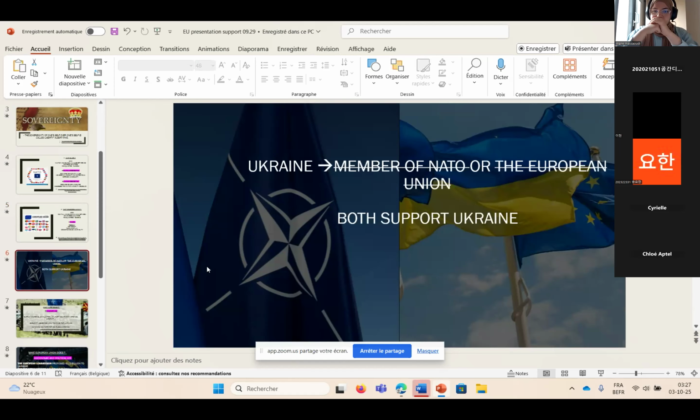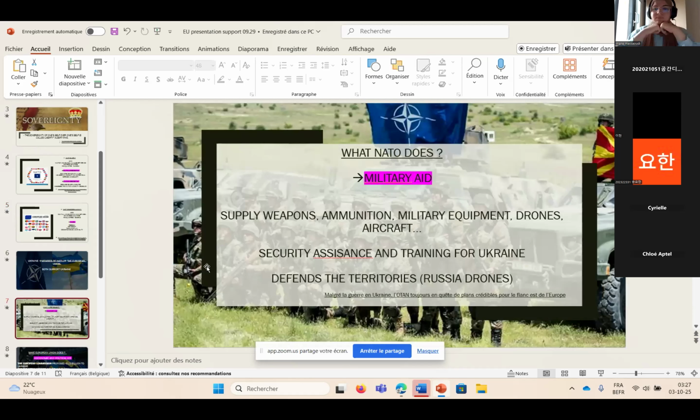But what does NATO do? In military aid, it established a command that coordinates the provision of military equipment and training for Ukraine. It's called Security Assistance and Training for Ukraine. They supply weapons, ammunition, military equipment, drones, and aircraft.